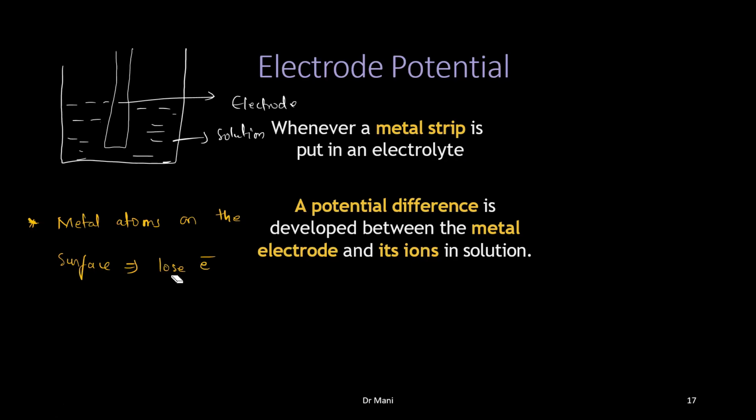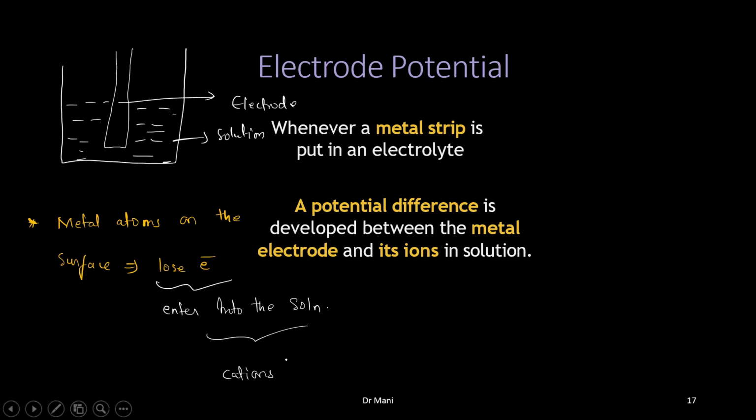The electrons lose from the metal atoms and enter into the electrolyte. That will form the cations there. Cations means a positive charge. Leave aside the charge for now. They enter into the solution and form the cations. That is one event that will happen.